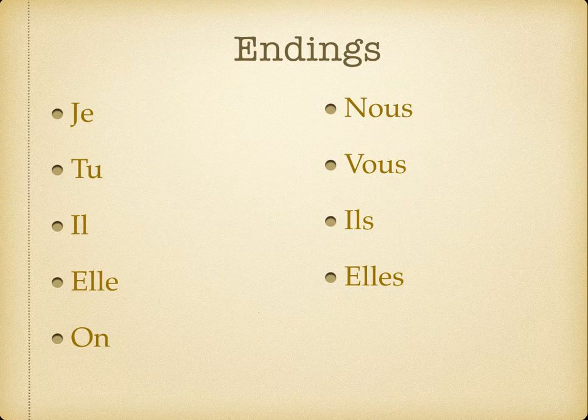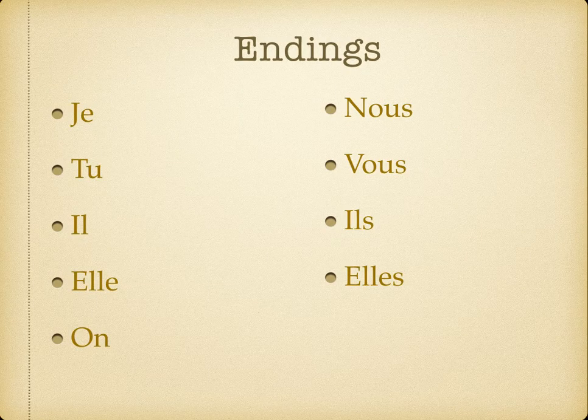Once we have our stem, the only thing we have to do is add our endings. The nice thing about the imparfait is that the endings do not change based on the verb category. So every single time that we've looked at our verb tenses so far, we've had one rule for ER verbs, one rule for IR verbs, one rule for RE verbs, a different rule for irregular verbs.